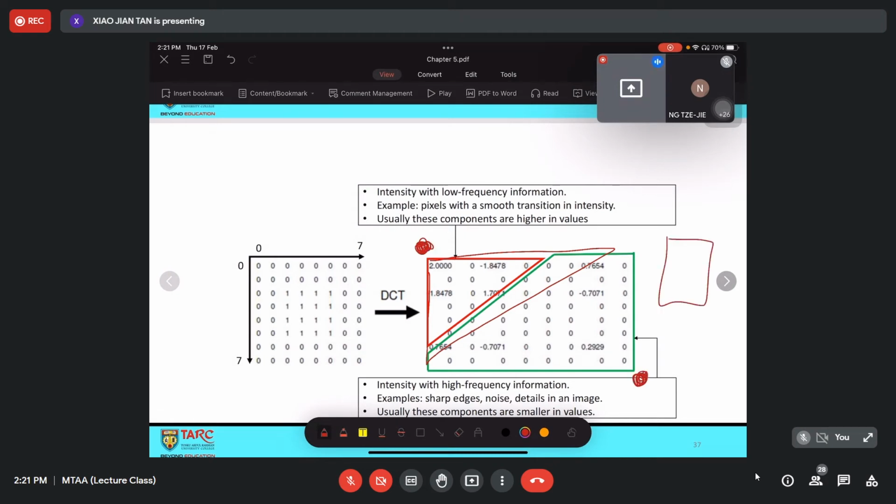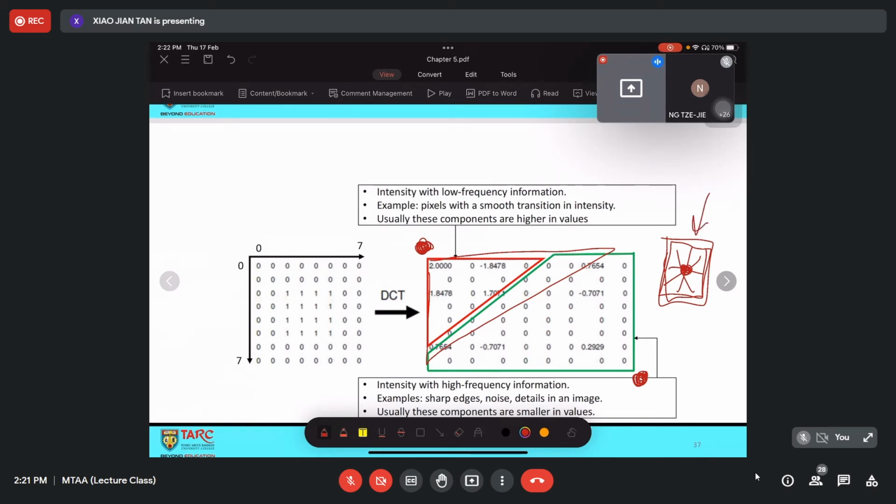It is the same as the Fourier Transform frequency domain. At the origin is the low frequency information, and at the boundary would be the high frequency information. There is no solid partition of this is low frequency, this is high. I just want you to know which extreme represents what data.